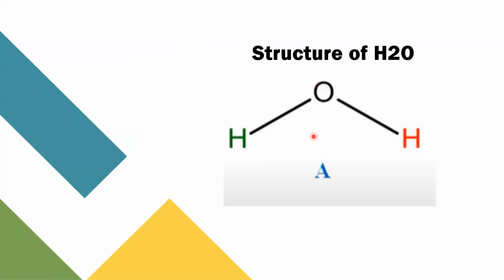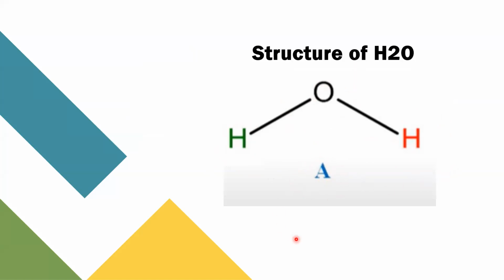Now, the structure of water, when you draw it two-dimensionally; earlier we saw the three-dimensional structure. This is the two-dimensional structure, right? Now, in this structure, we can see there is a green hydrogen atom and a red hydrogen atom to make it easy for you to understand, right?